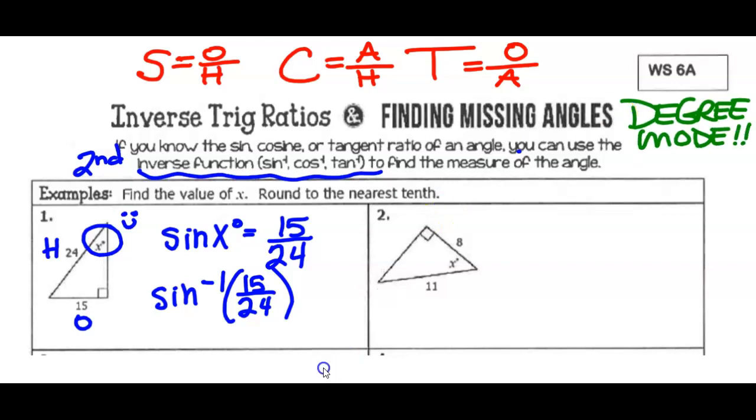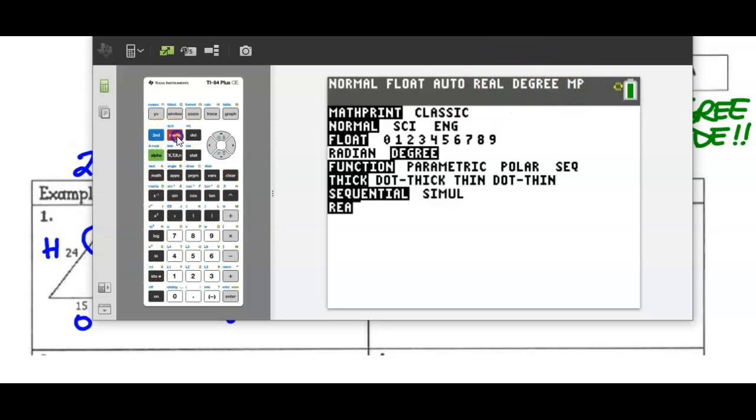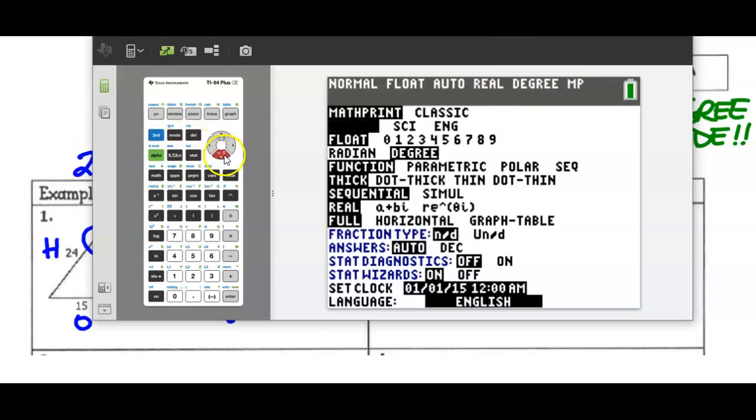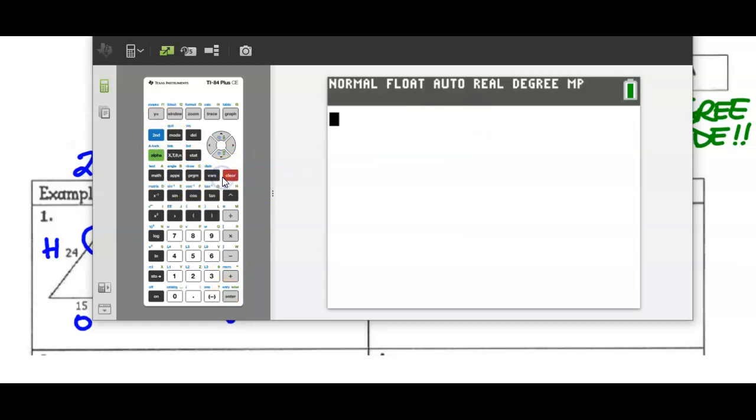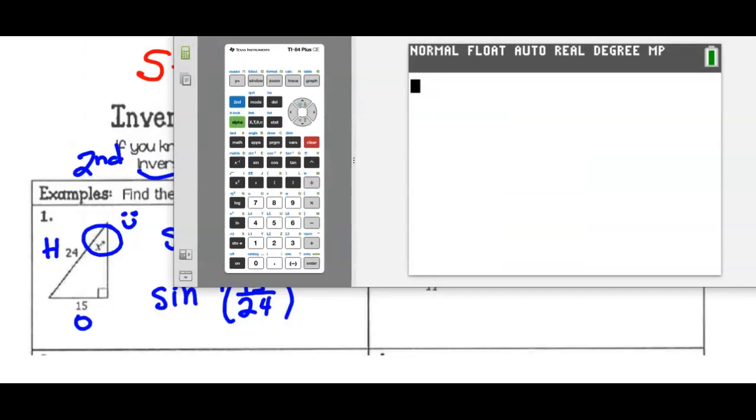So I'm going to open my calculator. It should say degree right up here at the top. But if yours doesn't, you go to mode here, arrow down twice, to the right once, and hit enter so the degree is highlighted.